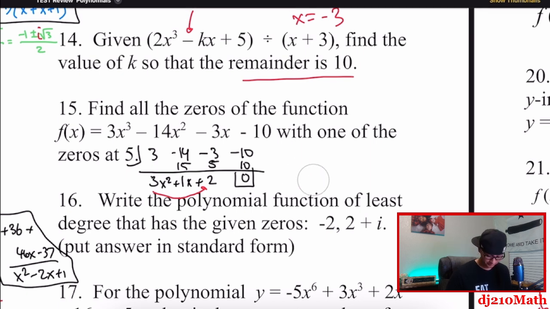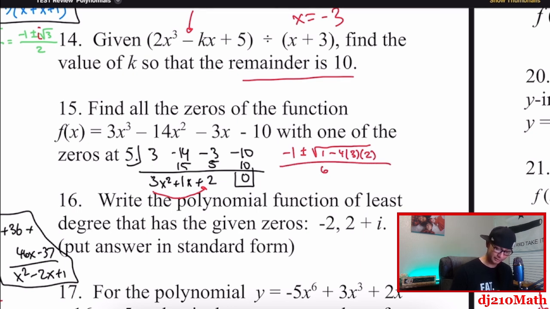So that means it's going to be complex. If I do the quadratic formula, negative 1 plus or minus the square root of 1 squared minus 4 times a, which is 3, times c, which is 2, over 2 times a. 2 times 3 is 6.